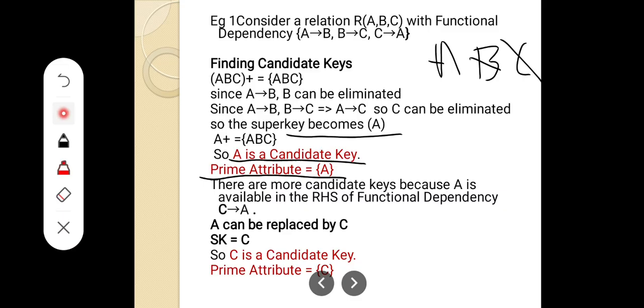Now any more candidate keys existing? Look at the RHS of the functional dependencies. Here no, here no, here yes.